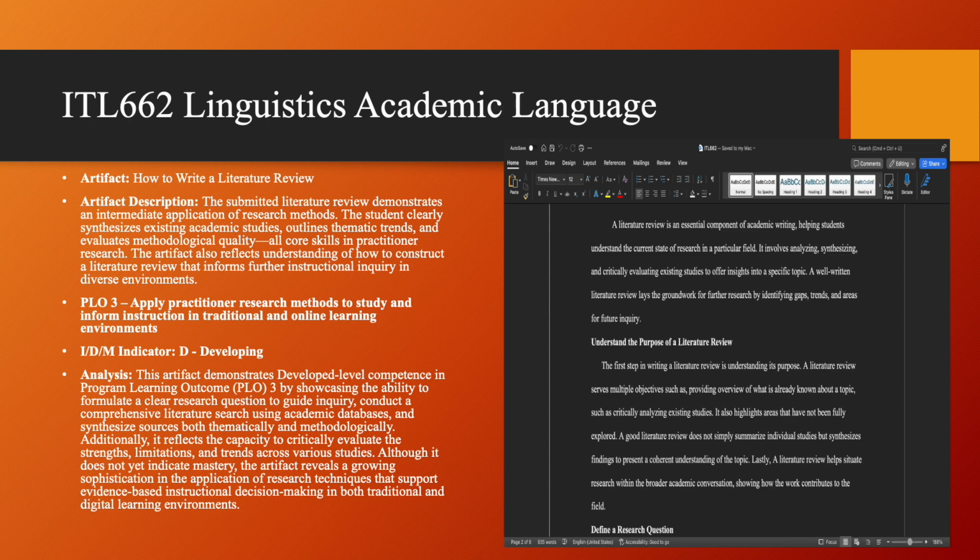Additionally, it reflects the capacity to critically evaluate its strengths, limitations, and trends across various studies. Although it does not yet include mastery, the artifact reveals a growing sophistication in the application of research techniques that support evidence-based instructional decision-making in both traditional and digital learning environments.